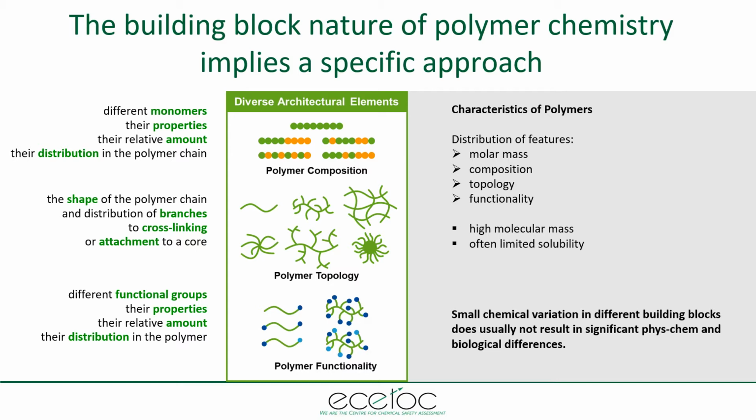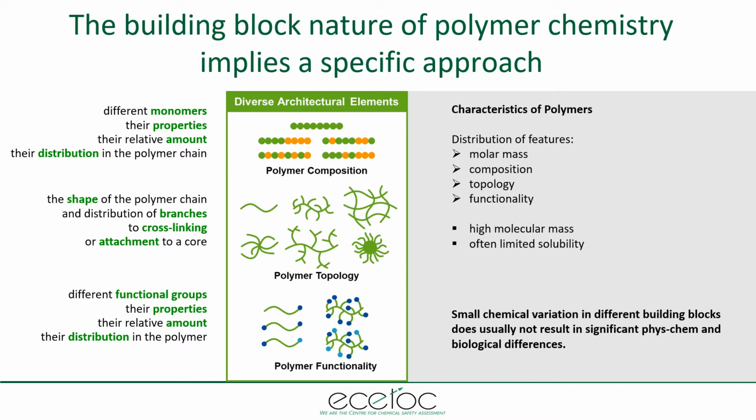There's also the polymer topology, which consists of the shape and the distribution of branches and the cross-linking or attachments to a core. There's also polymer functionality with different functional groups, different properties and relative amount, and finally, a different distribution in the polymer.